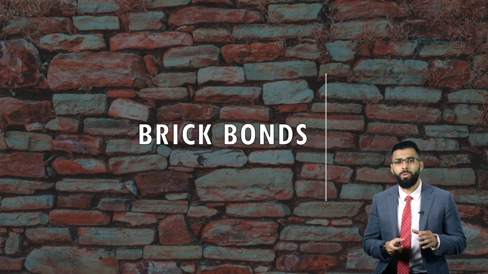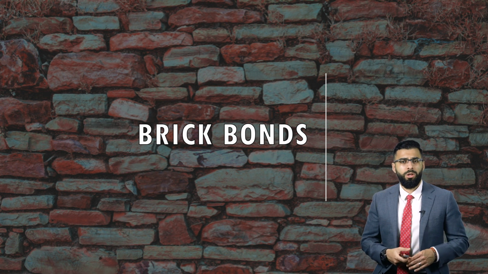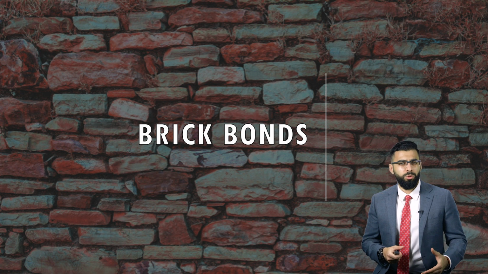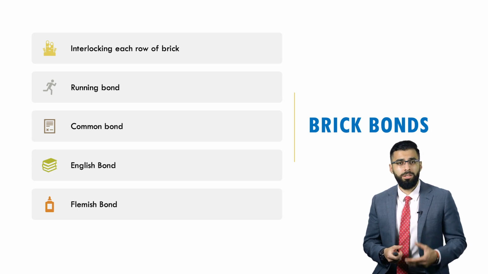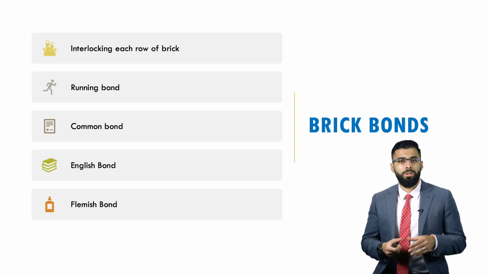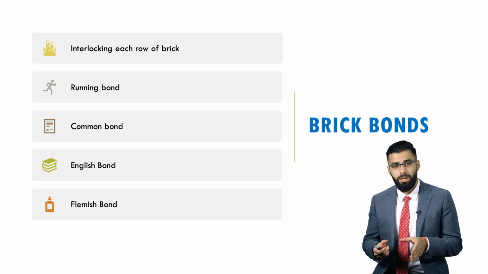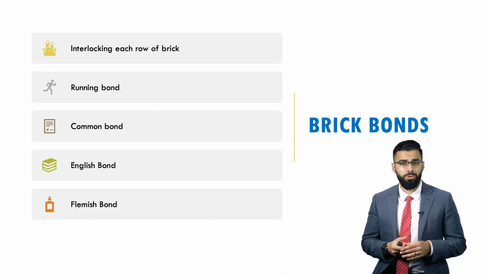And you notice that when you look at any masonry structure, you do notice a repeated pattern that is often very visible. So this is what I'm referring to over here as the brick bond. It's that sort of pattern that repeats. And the reason that we have this pattern is because it allows the interlocking of each row of bricks or concrete blocks so that you reach the desired capacity for the overall structure.